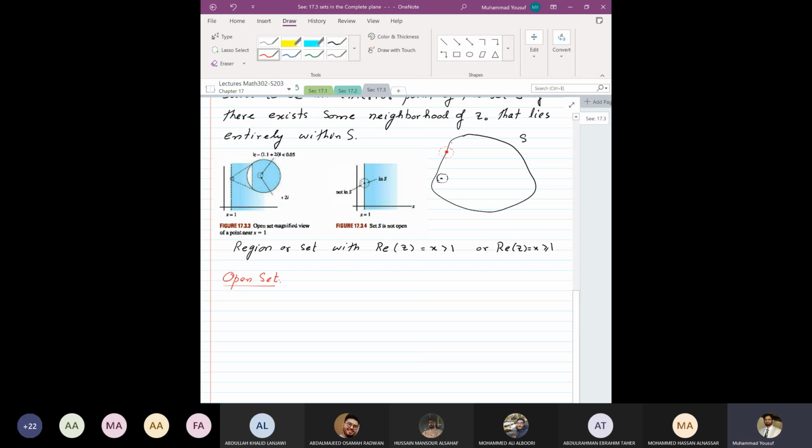We say that a set S is called an open set if every point of S is an interior point of S.